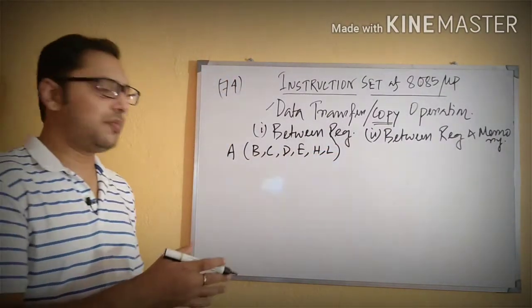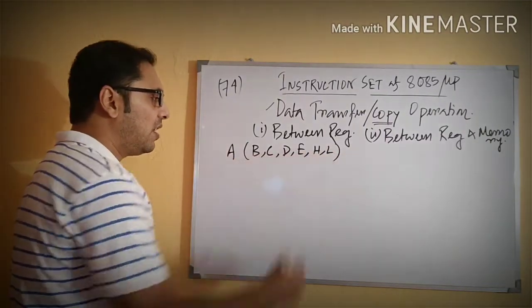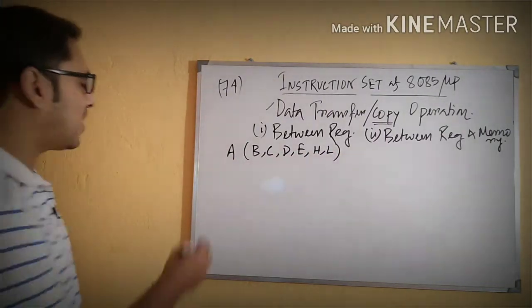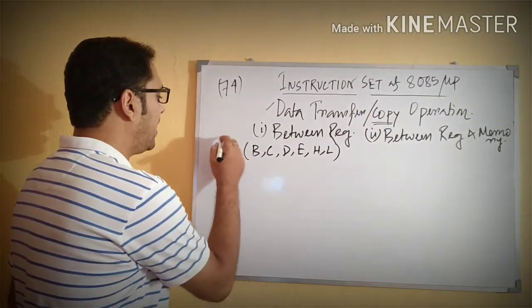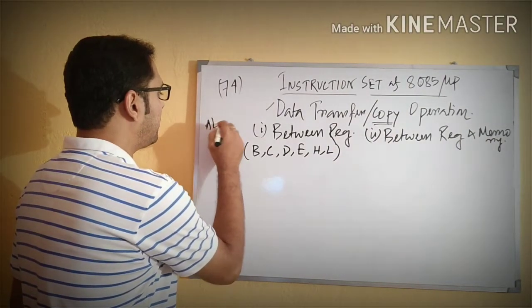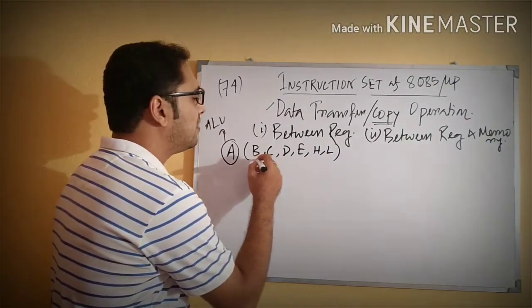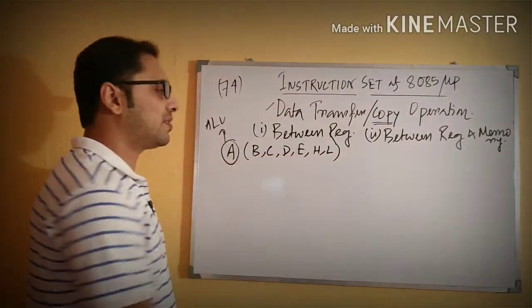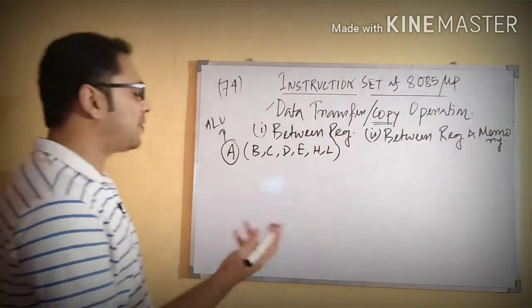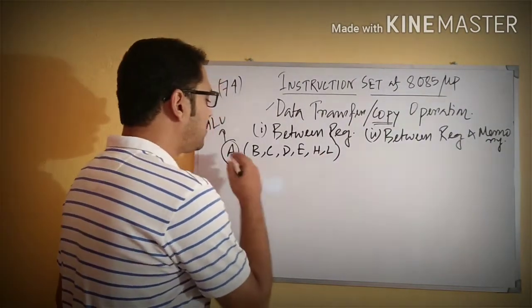Those are 16-bit registers, but these are all 8-bit registers. We know that this is accumulator, part of ALU, arithmetic logic unit, and these 6 are 8-bit general purpose registers. So data can be transferred or copied between any of these registers.